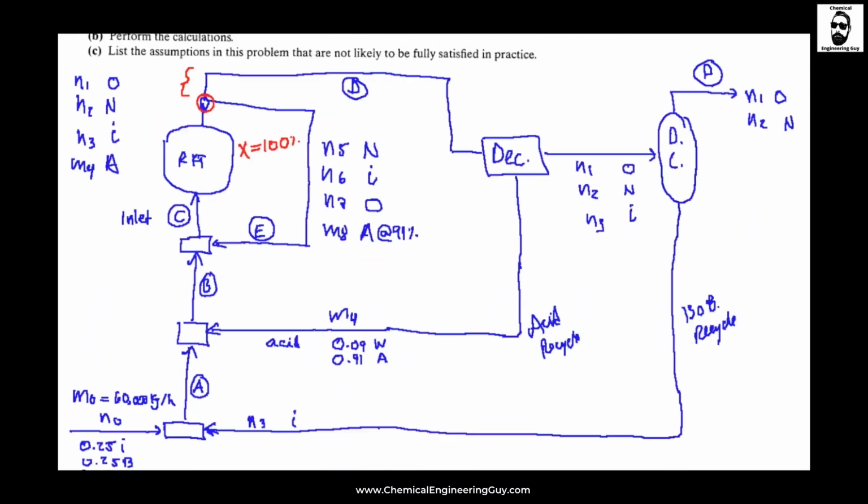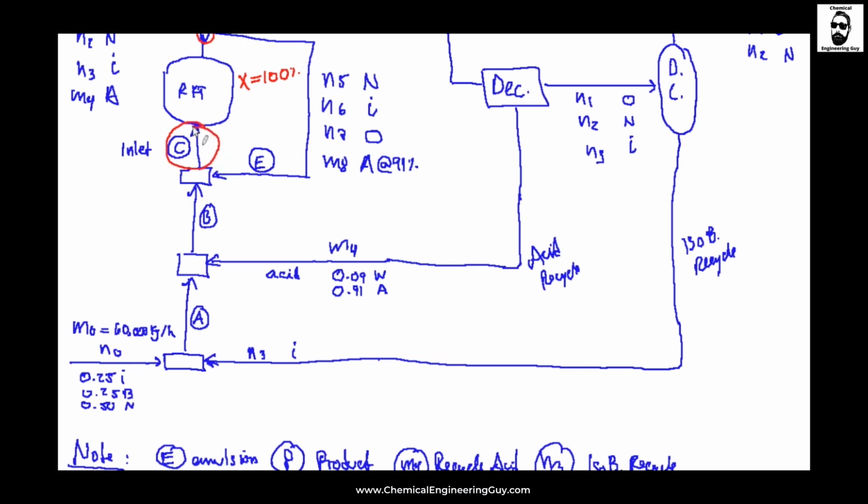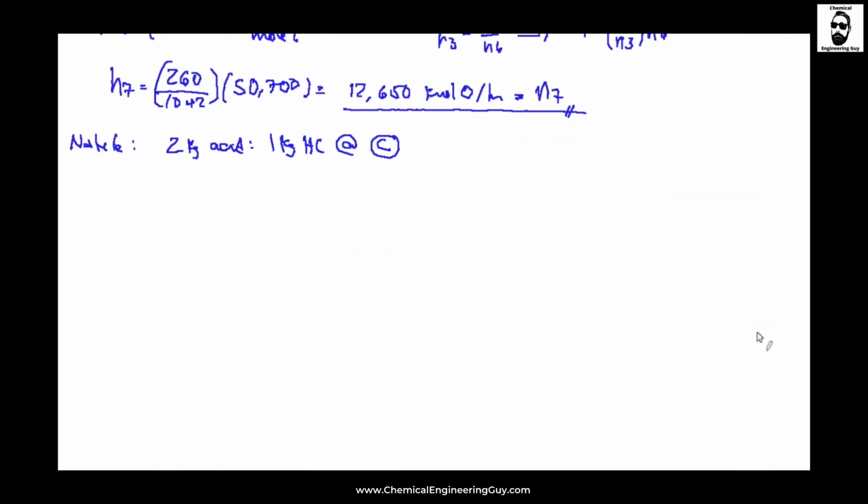So first thing I want to do is get the moles, or the amount of, let's go to C. I want to get all these compositions. The amount of N, the amount of I, the amount of octane, and what else do I have? Butylene, I still have butylene, I'm going to feed it. Essentially just that, guys. Actually, let me write it for you.